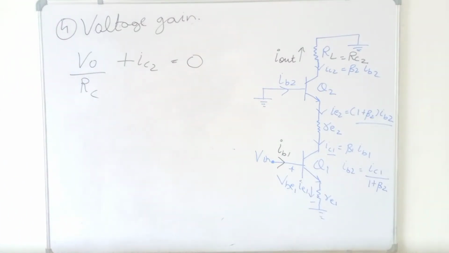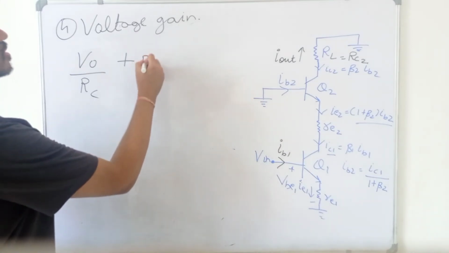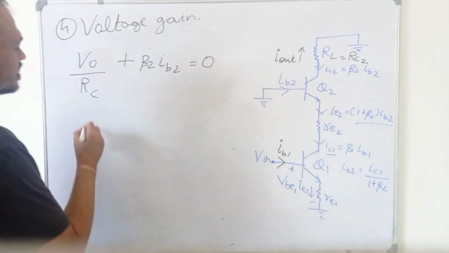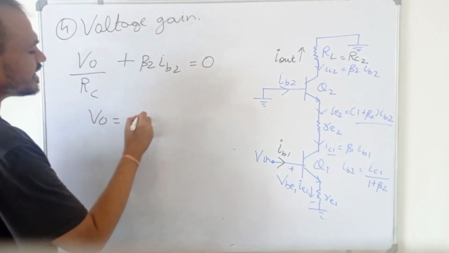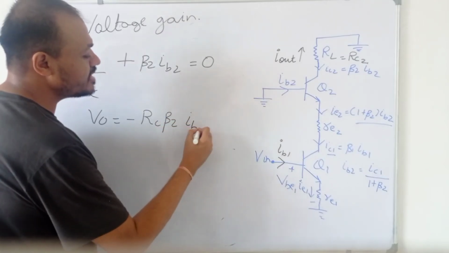So V naught upon RL plus beta 2 IB2 equal to 0, because IC2 is nothing but beta 2 IB2. So V naught will be equal to minus RC beta 2 into IB2.